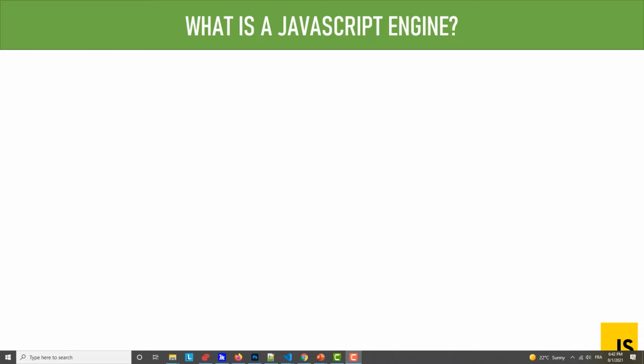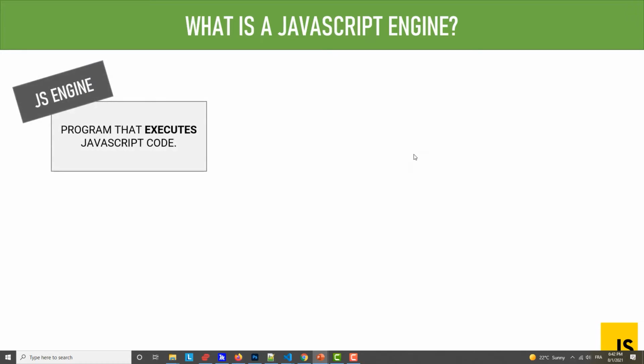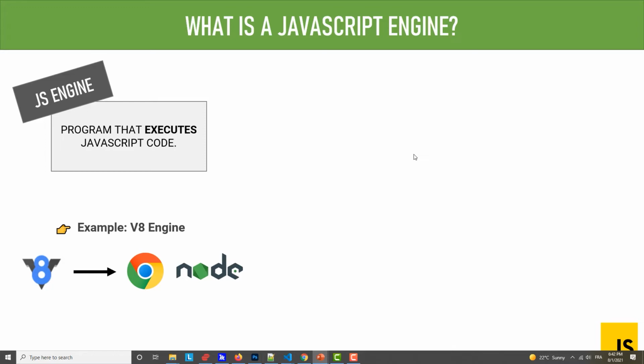So, JavaScript engine is simply a computer program that executes JavaScript code. There are a lot of steps involved in doing that, but essentially executing JavaScript code is what an engine does. Now, every browser has its own JavaScript engine, but probably the most well-known engine is Google V8 engine.